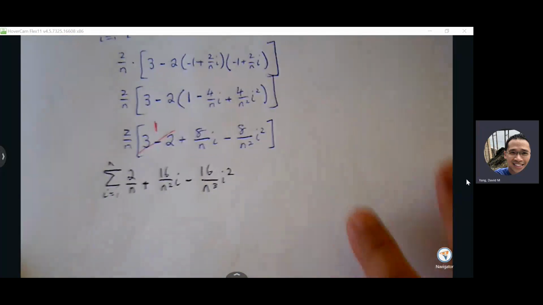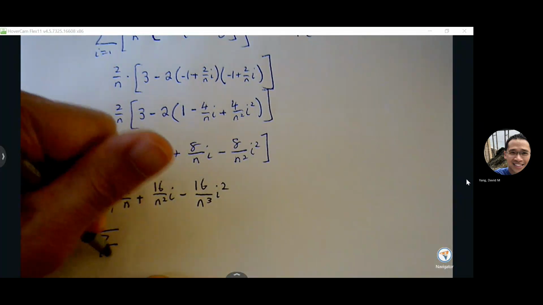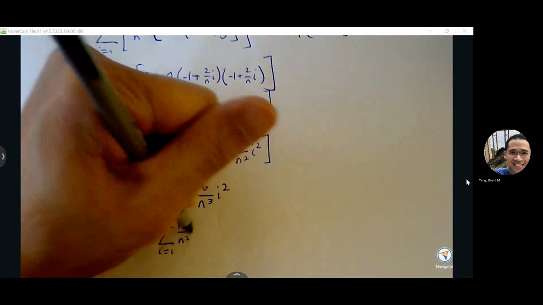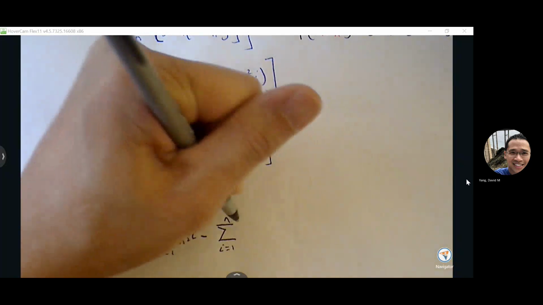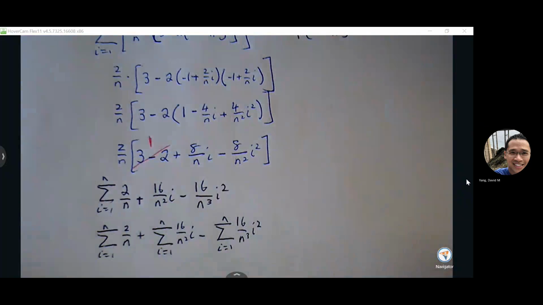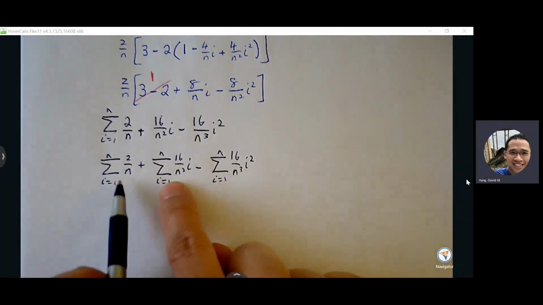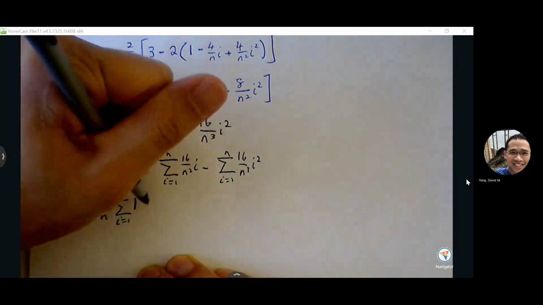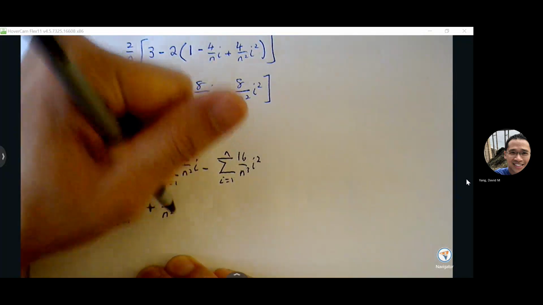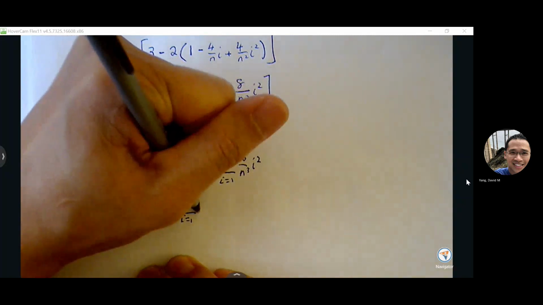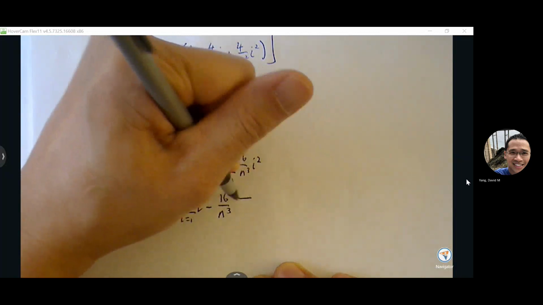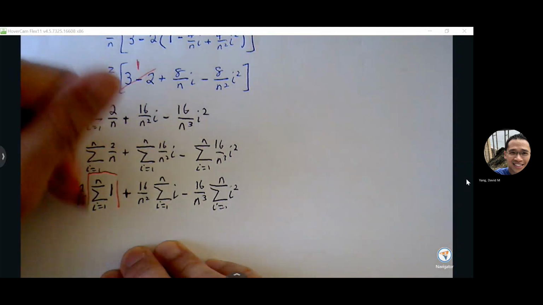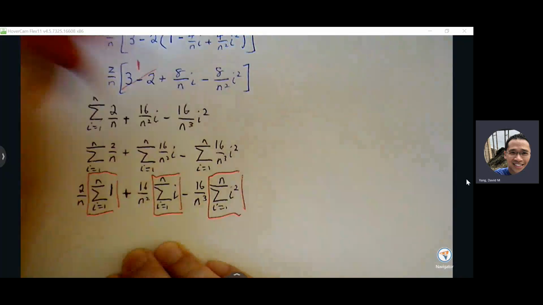Give each term its own summation. Push out each of the coefficients that we can so we can clearly see the rule that we want to take advantage of here. Summation of one, summation of i squared.